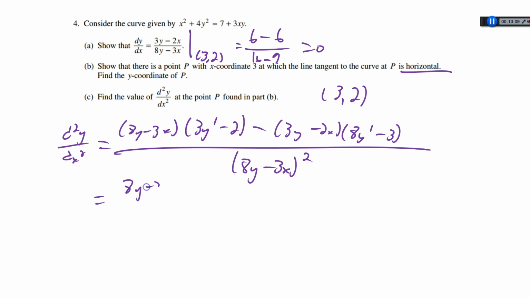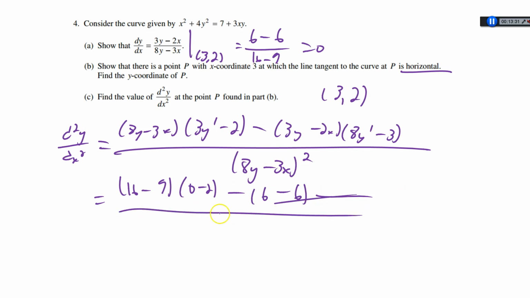So we got 8y minus 3x, and I can just plug all these things in. So 8 times 2 is 16, minus 3 times 3 is 9, times 0 minus 2, minus 3y is 6, minus 2 times 3 is 6. Hey, that's 0. Don't care what that is, because that's the whole thing 0.